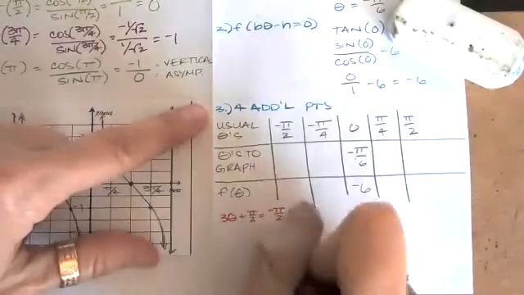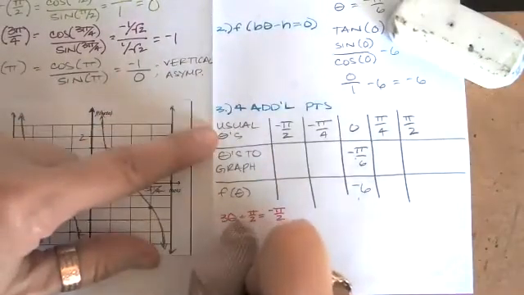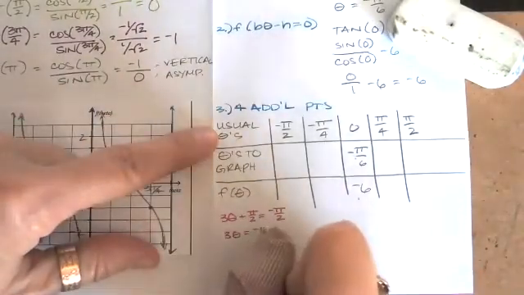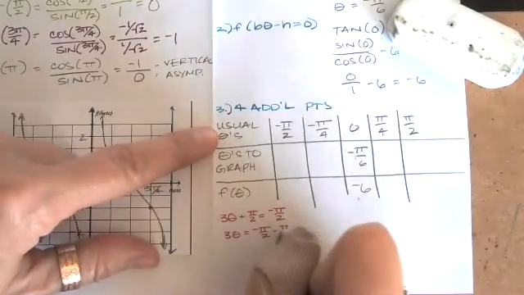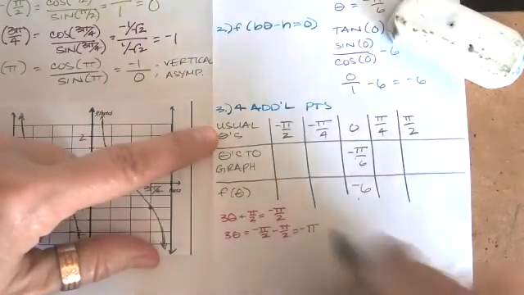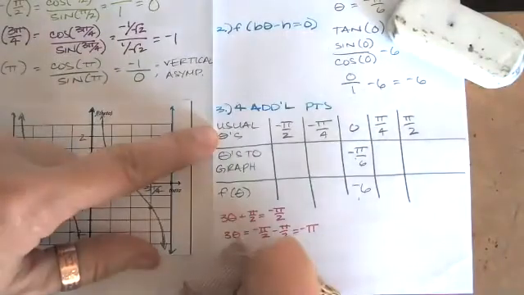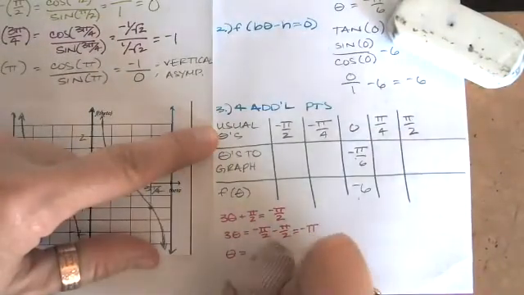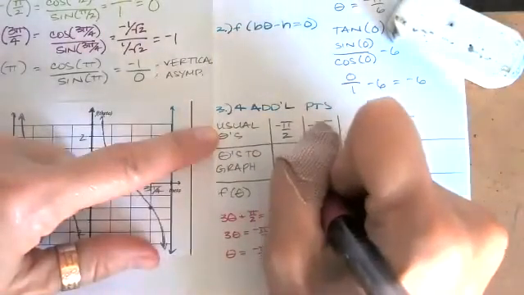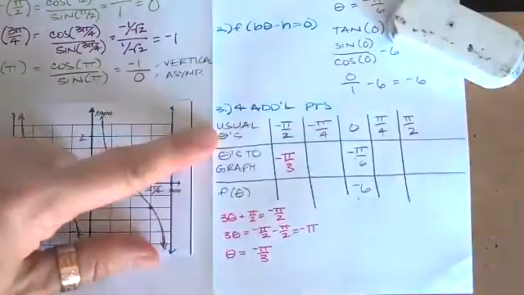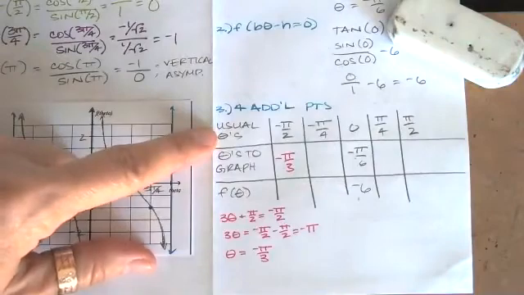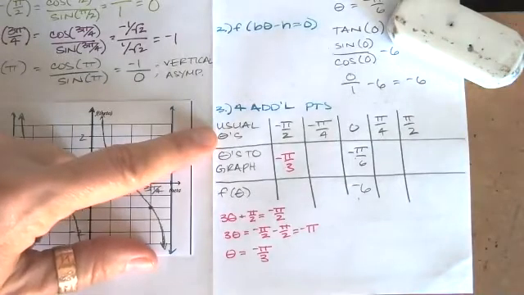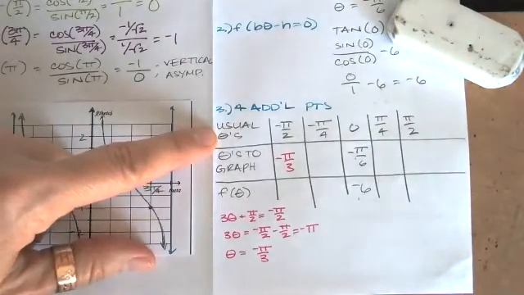So when I subtract pi over 2, I get 3 theta equals negative pi over 2 minus pi over 2, which is negative pi. And so I find that theta equals negative pi over 3. Hopefully that's what you expected to have happen. Otherwise, you could ask me a question.